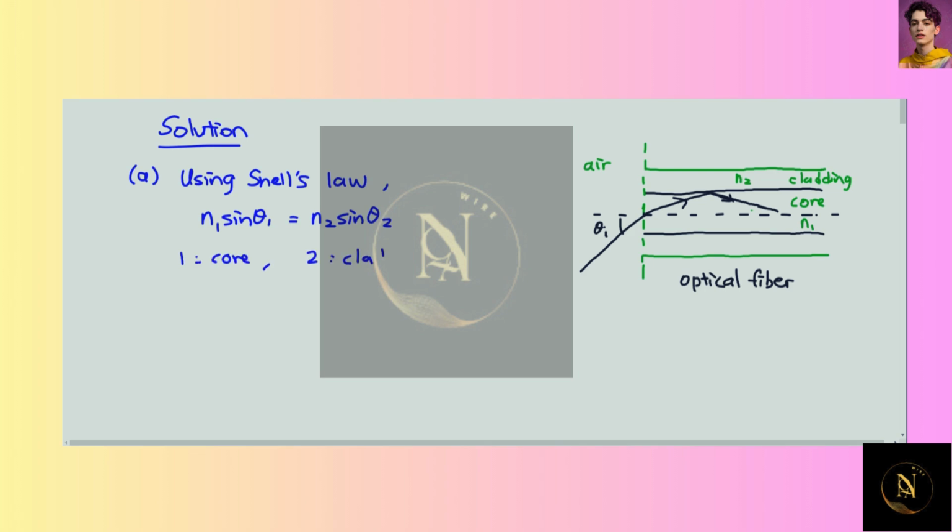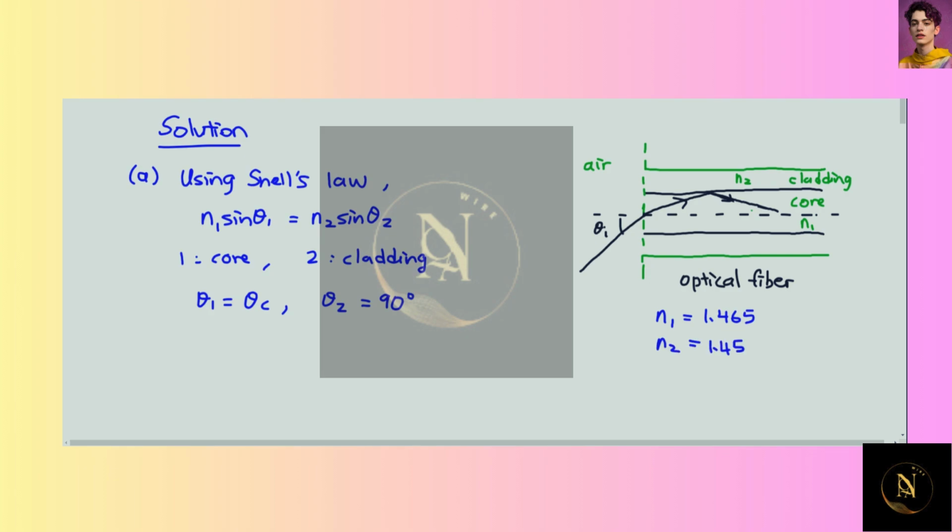Theta 1 is our critical angle, and theta 2 is 90 degrees. We are also given that n1 is 1.465 and n2 is 1.45.